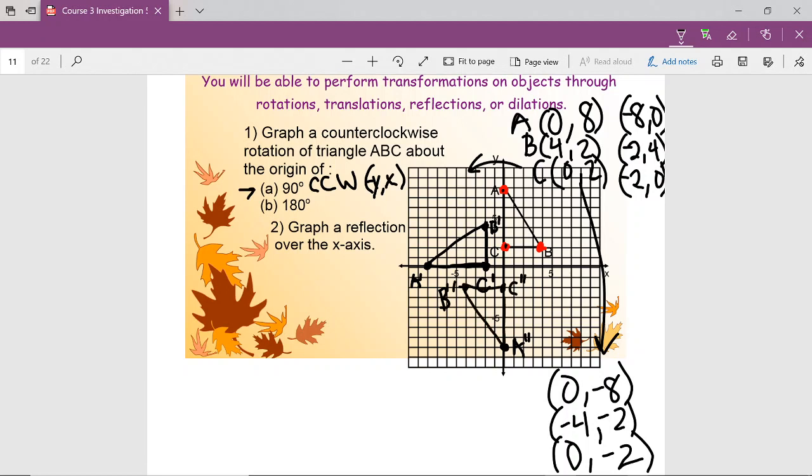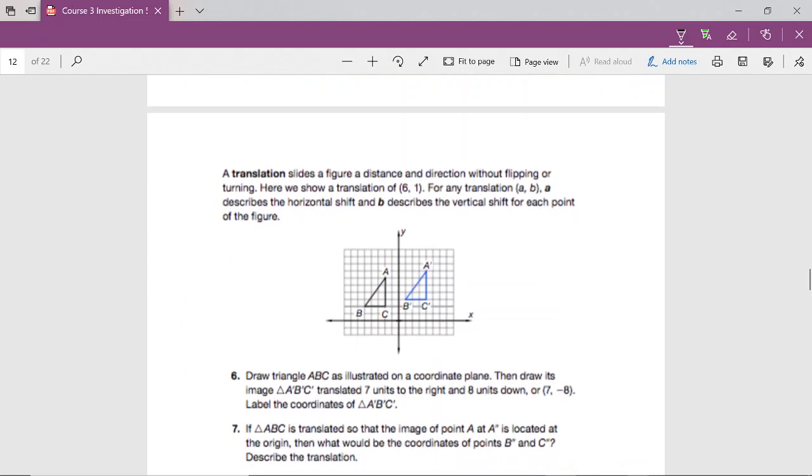And here is my 180-degree rotation from the original. Okay, so that's our rotations. It really is easiest to do it based on the rules rather than trying to just visualize where it's going to end up. And now we actually end with our probably easiest two, translation and dilation.